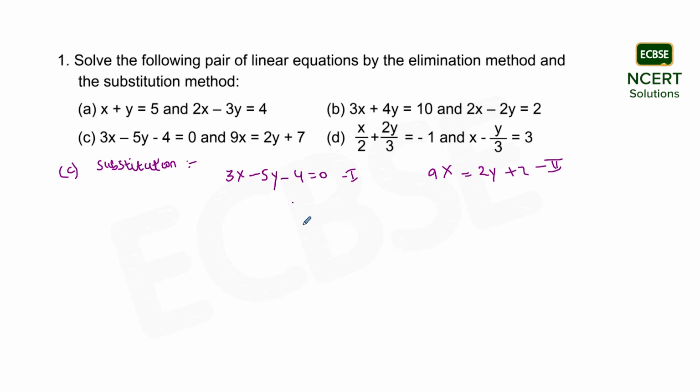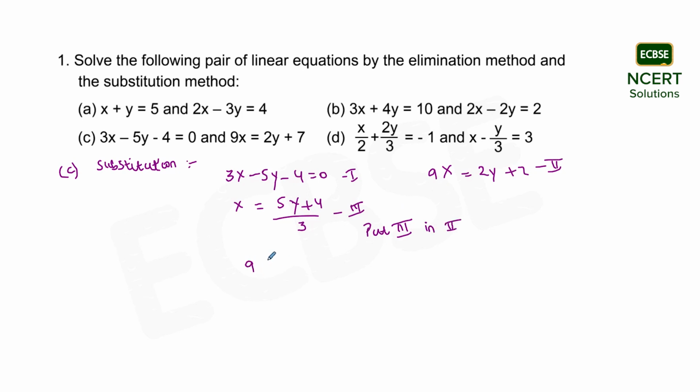So now in the substitution method, the first step is to find the value of x from any one of the equations being provided. So here I am taking the first equation and finding the variable x value, which comes out to be equal to (5y plus 4) divided by 3. Let me mark this equation as the third equation. Right. Now substitute the value of x in the second.